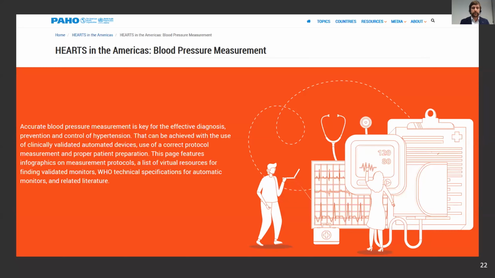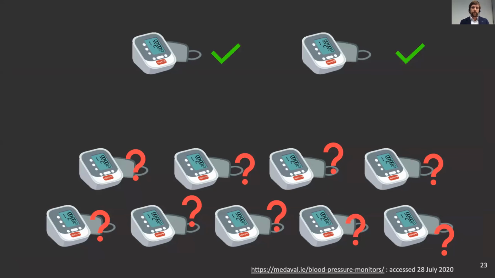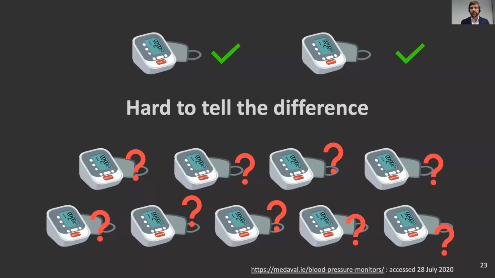So next slide, please. I've mentioned that all these societies say that we should use validated blood pressure devices, and we must, if we're going to use an automatic device, it must be validated. How do we actually identify a validated blood pressure device? If we go to the next slide, please. Oh, sorry, next slide. I might come back to that. So what we can see is we've got very similar appearing devices, both validated and non-validated.